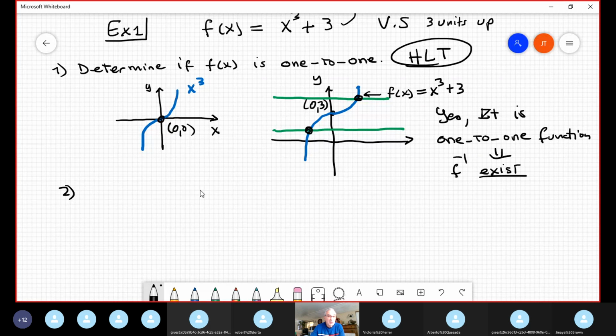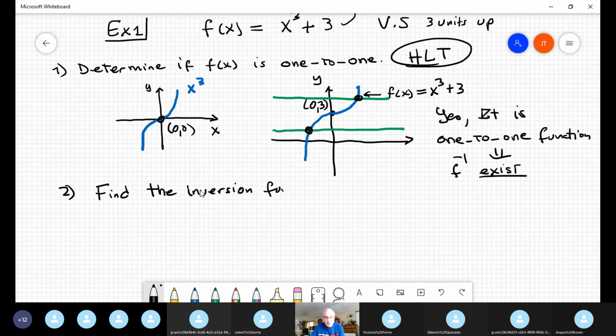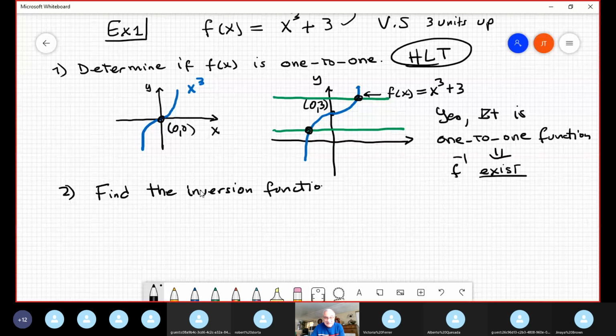We cannot do anything. Now, step number 2 is, in my opinion, the most important step: find the inverse. So far, we are doing it using intuition: addition, subtraction, multiplication, division, square root. No. But I want to explain the systematic way to find the inverse function equation for in general any function.